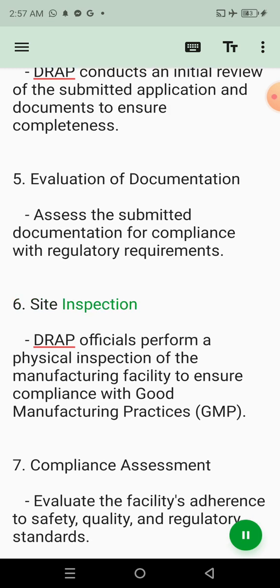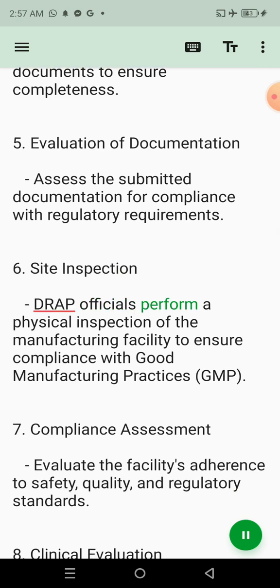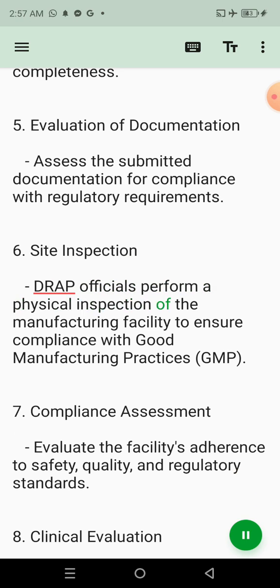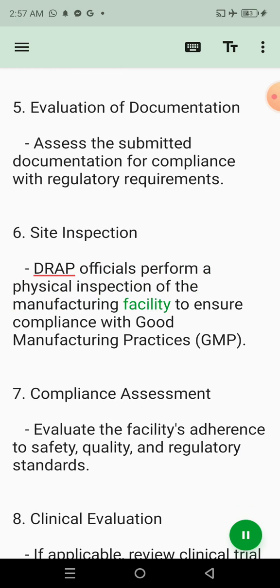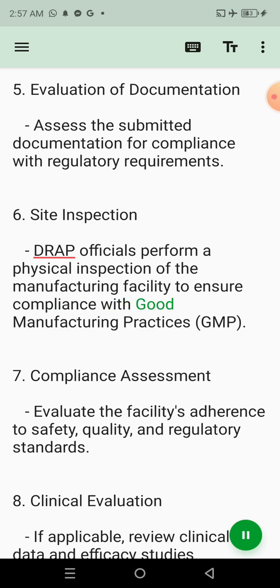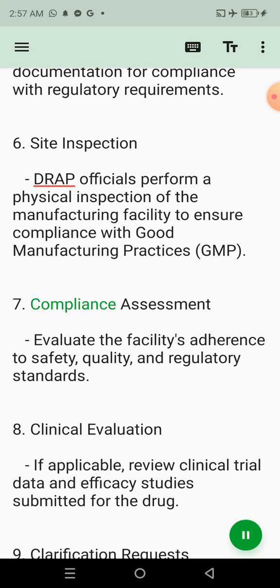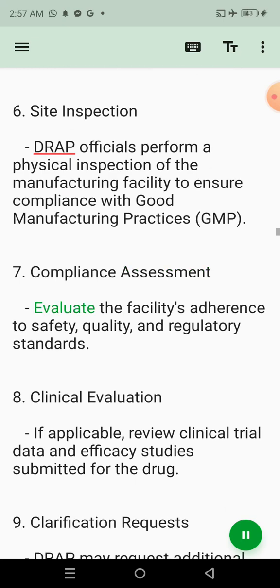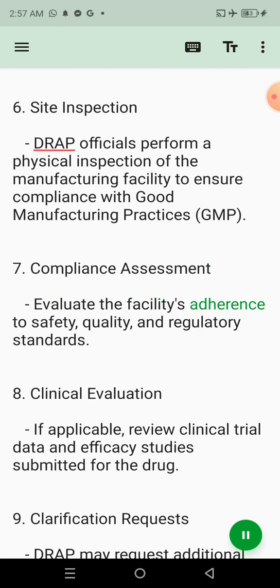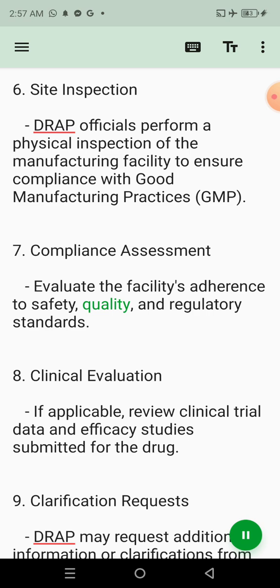Site inspection. DRAP officials perform a physical inspection of the manufacturing facility to ensure compliance with Good Manufacturing Practices (GMP). 7. Compliance assessment. Evaluate the facility's adherence to safety, quality, and regulatory standards.